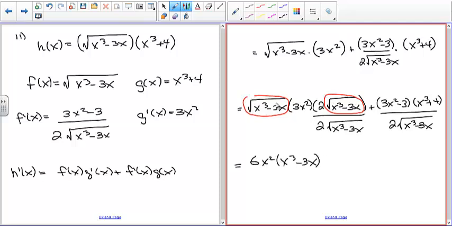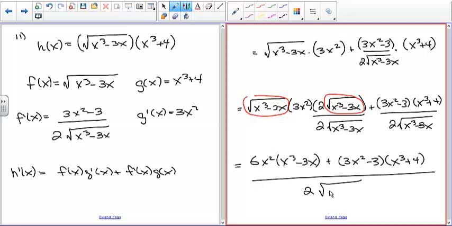This times that's that. There's x squared, 3 times 2. And then the second part, you've got 3x squared minus 3 times x cubed plus 4, all divided by 2 times the square root of x cubed minus 3x. So that's the common denominator part.